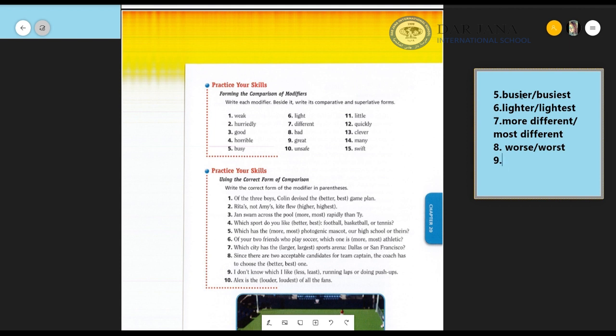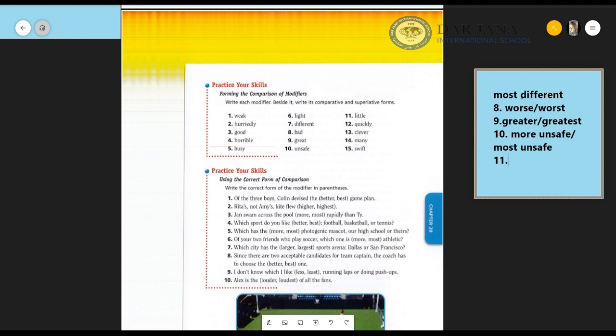Great, 1 syllable, so greater, greatest. 10. Unsafe, 2 syllables, so let's try to add ER. Unsafer, unsafest, this does not exist in English, so we're gonna go with more unsafe and most unsafe.